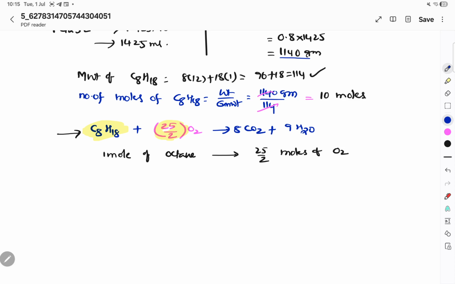Okay. Then 10 moles of octane, how much? That is equal to 25/2 into 10. That is equal to 125 moles of oxygen.